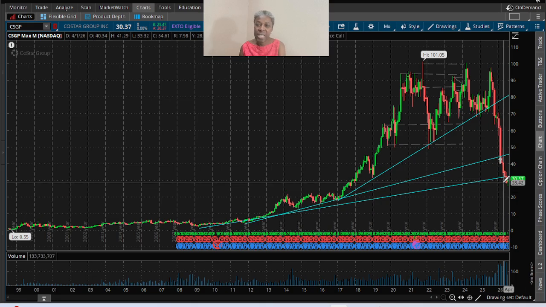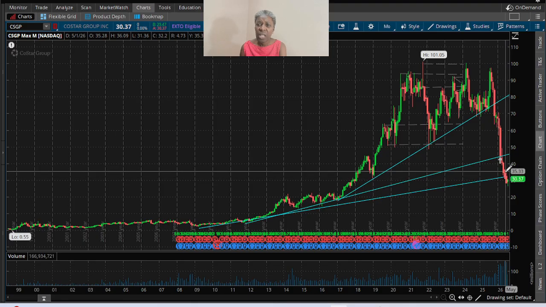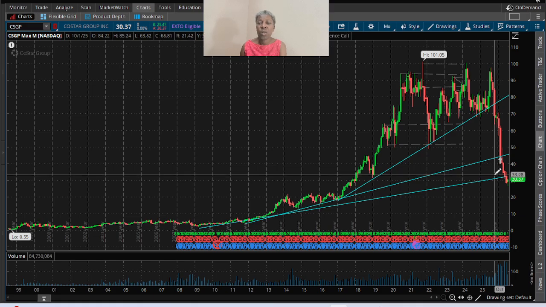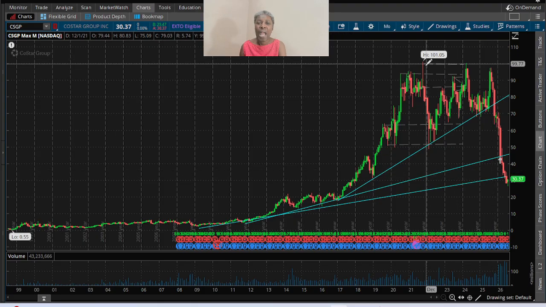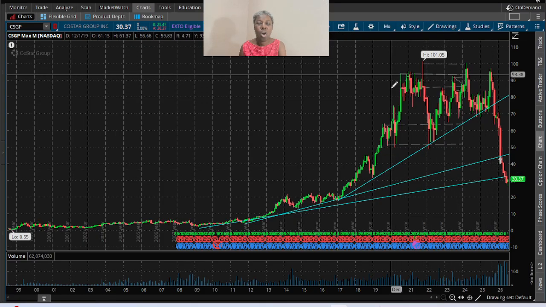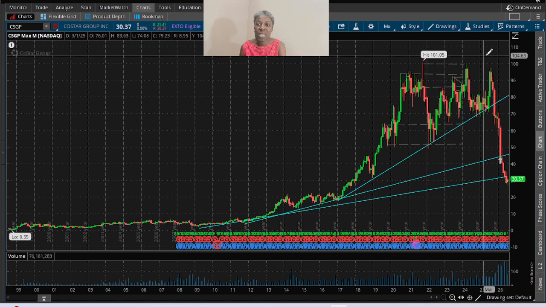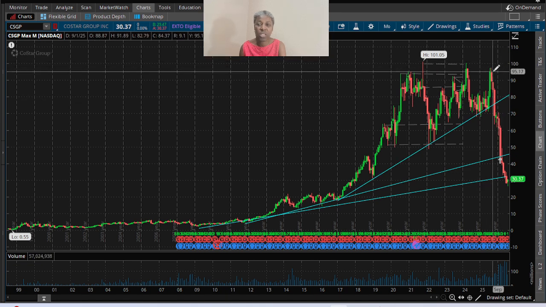It is around this area here, again around my buying zone. But the reason why I say no to it is I like to trade stocks whose all-time highest price is within the last few years.